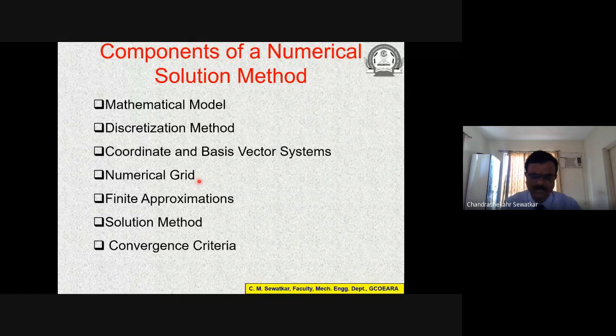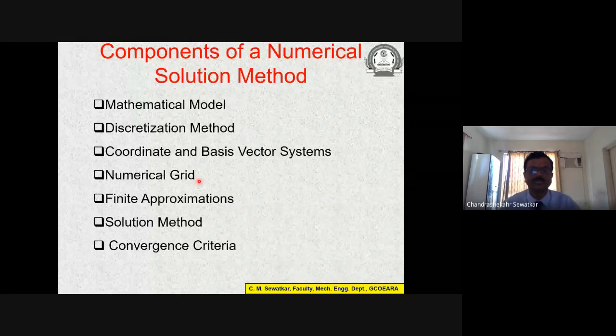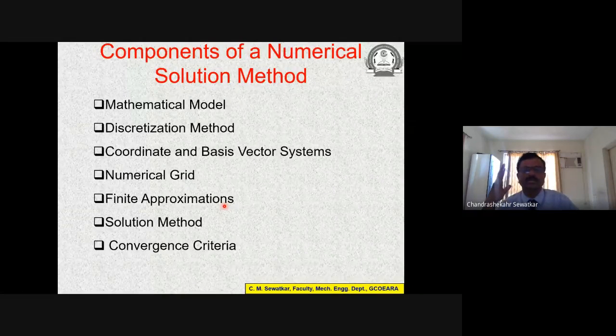Grid generation is a very important part, which essentially governs the quality of the solution which you obtain. Then there are certain approximations which we need to introduce when we go ahead with the solution methodology, which we will learn as we go ahead with finite volume methodology. How you introduce these approximations is also an important component.